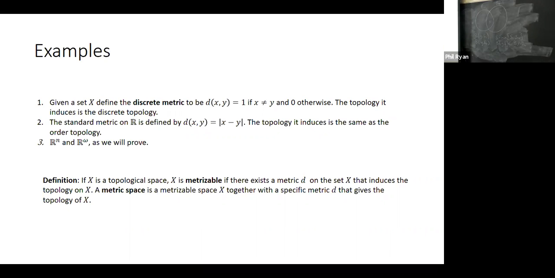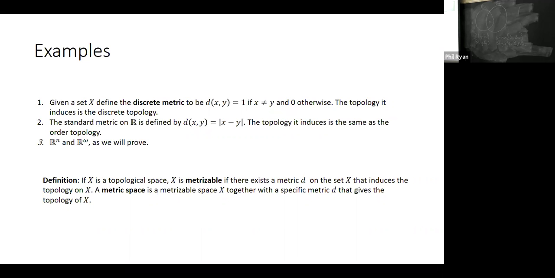So an important side note, if you've got a topological space, then we say it's metrizable if there exists a metric d on the set X, which induces the topology on X. And a metric space is a metrizable X together with a specific metric that gives the topology.